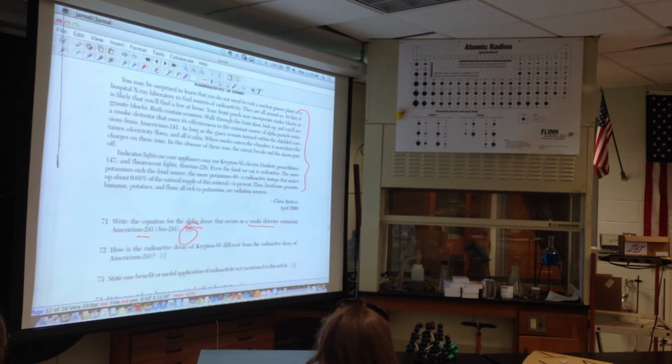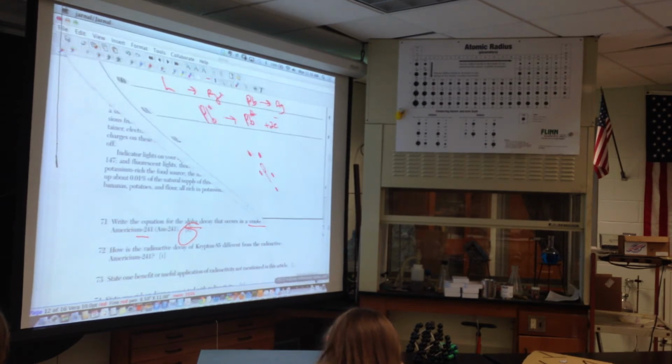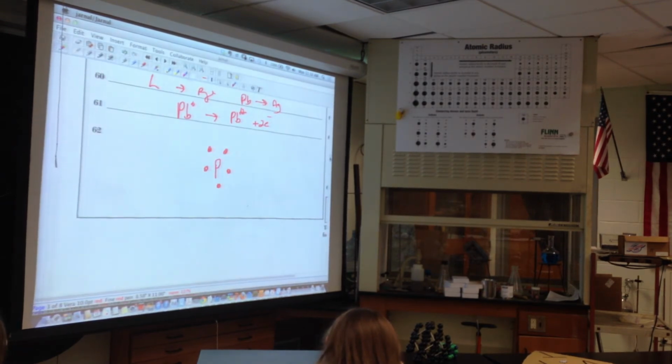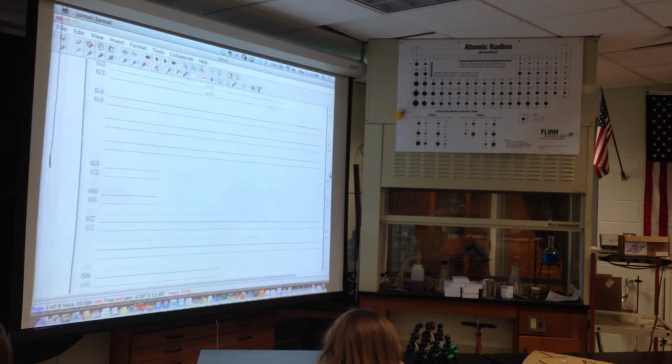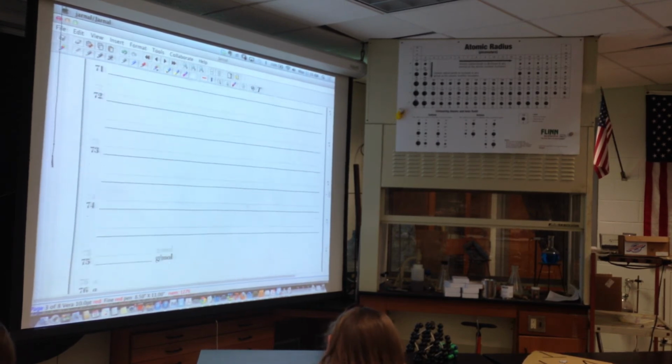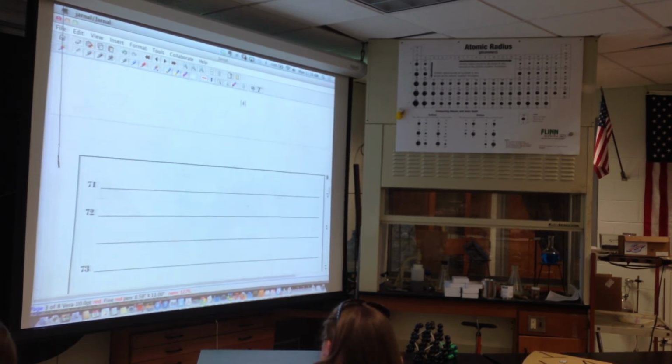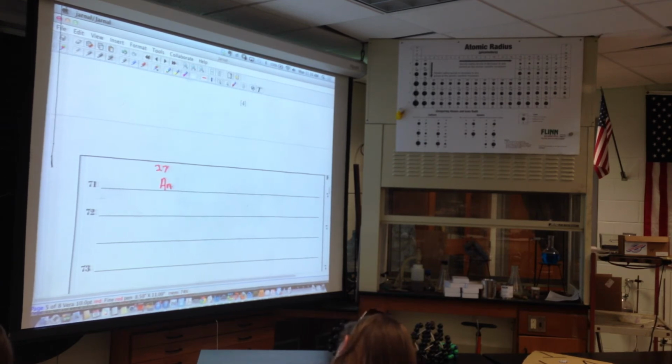Alpha particles are emitted by americium-241. Let's go to the reference table. So americium-241. I go to my periodic table.